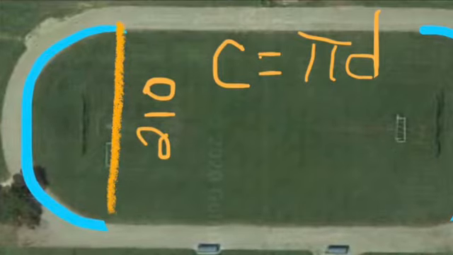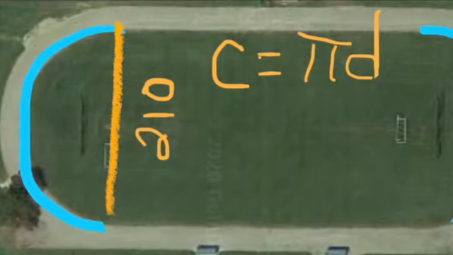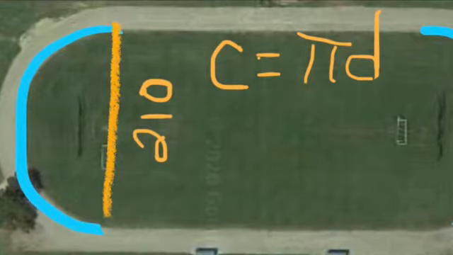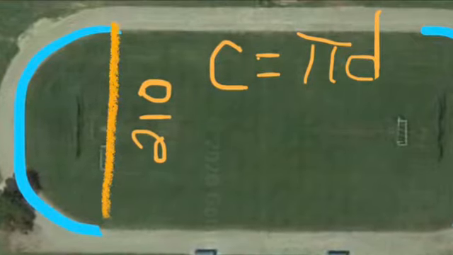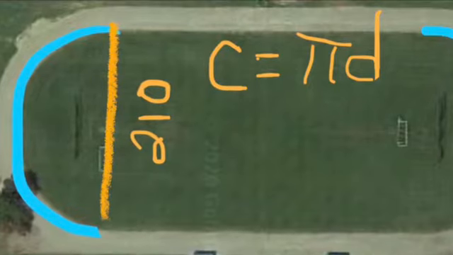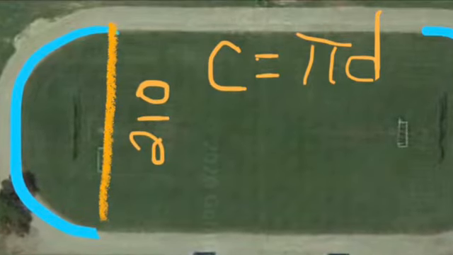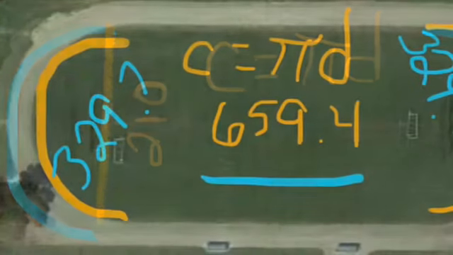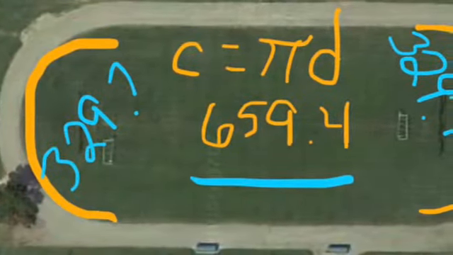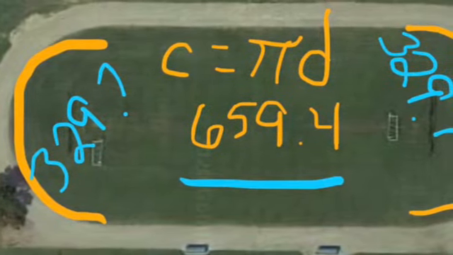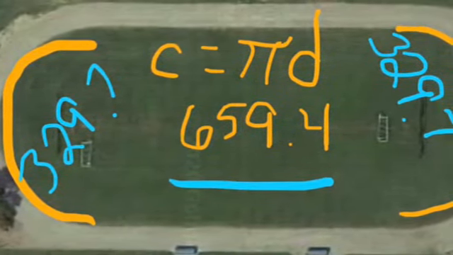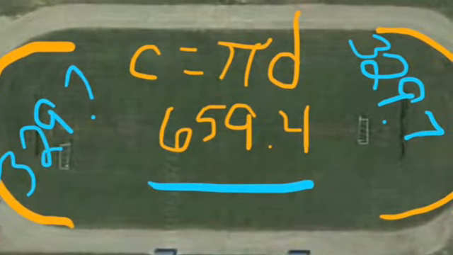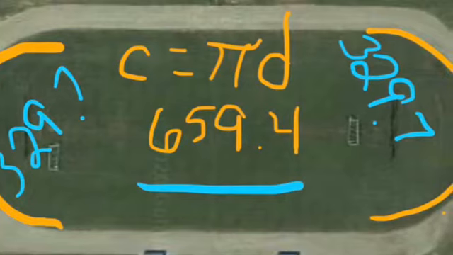If we put them together, that's the same as having 1 full circle. So, what I will do is multiply 3.14 times the diameter, 210. This will give me the circumference of both semicircles put together. If we take the 659.4 divided by 2, we now know that there's 329.7 feet around the ends of the field of the semicircle.